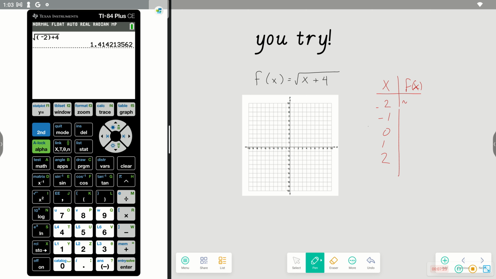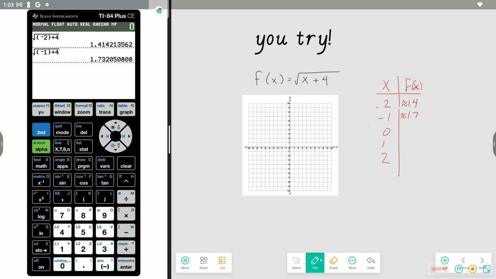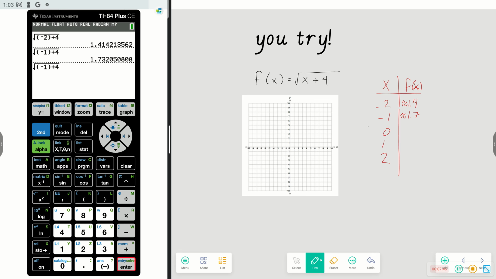Okay, so then I'm going to do the same thing, but with -1. Which is approximately 1.7. Then I'm going to do the same thing with 0. Which is 2.